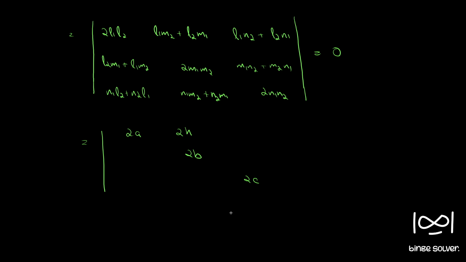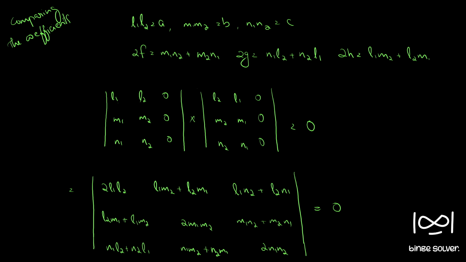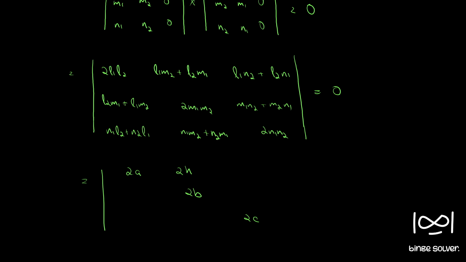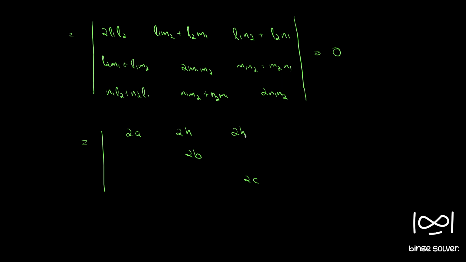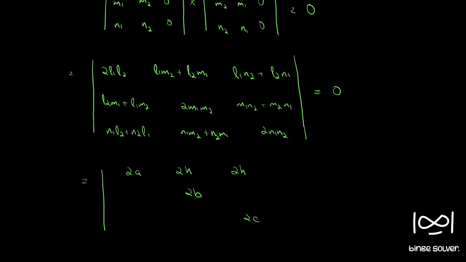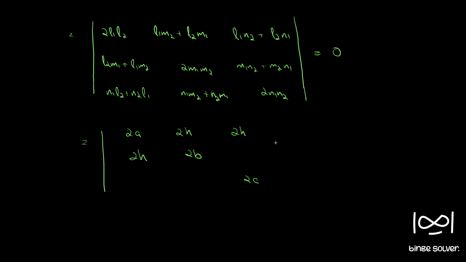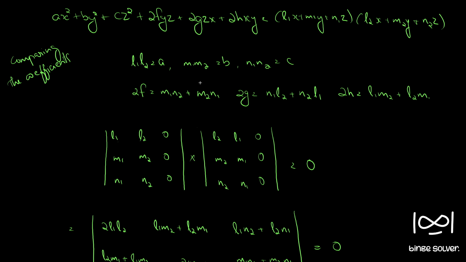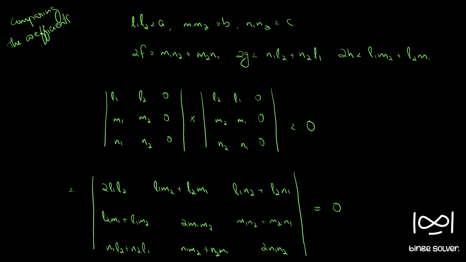This is L1 N2 plus L2 N1, this is 2G. L2 M1 plus L1 M2, same as 2H, and M1 N2 plus M2 N1. So M1 N2 plus M2 N1 is 2F.